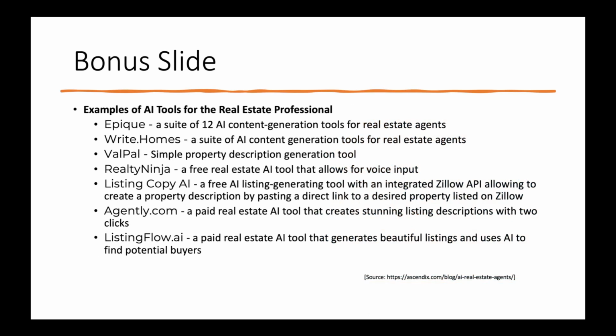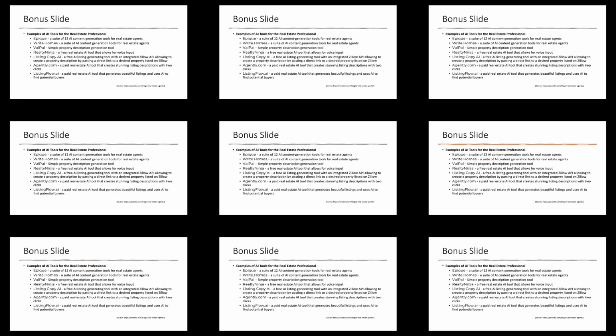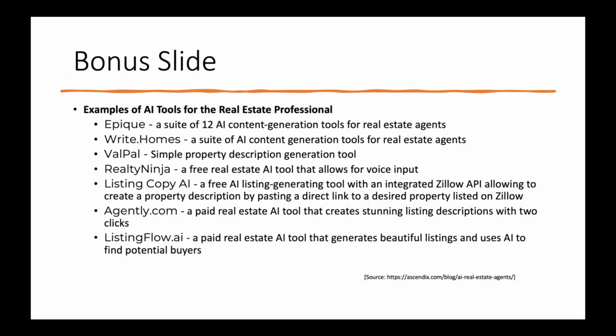So here's a bonus slide that is worth having in your back pocket, so to speak. I've listed some options that you have for generating content as a real estate agent. Epic, Right.Homes, Valpal, Realty Ninja, Listing Copy, Agently, Listing Flow. There are many others, right?